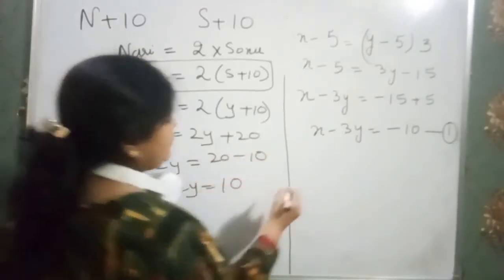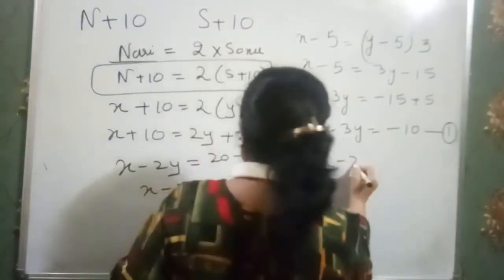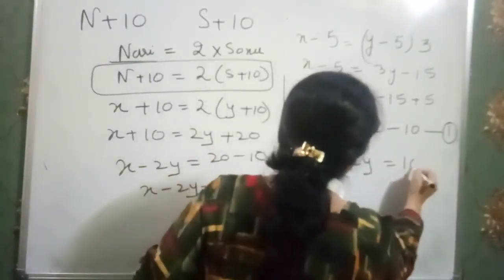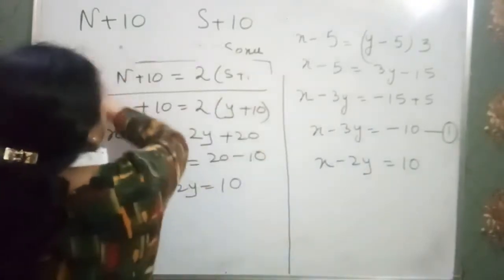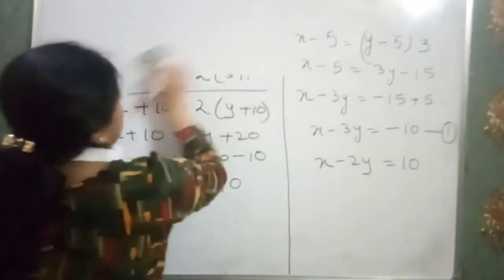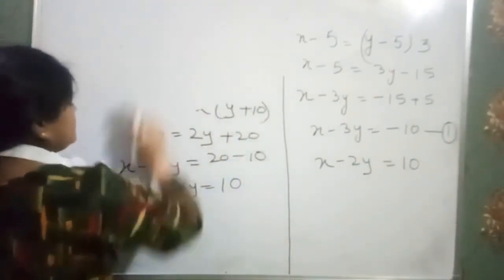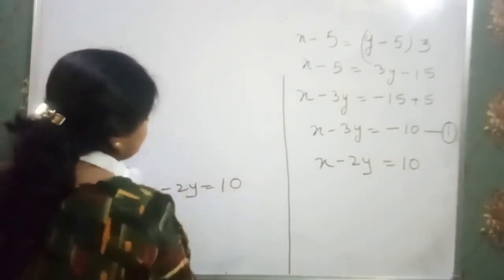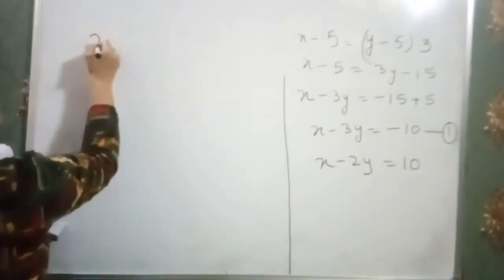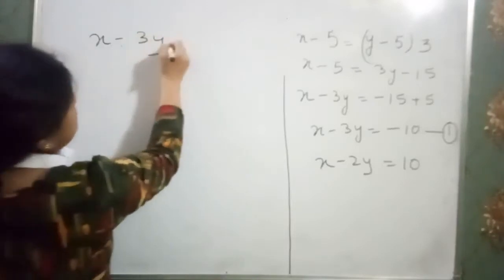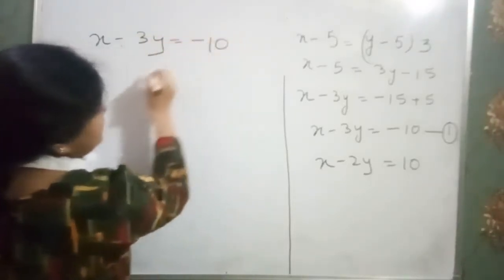So we have two equations: x minus 3y is equal to minus 10 and x minus 2y is equal to 10. Now you can solve these two equations by either method, and I think you can do it. Just do it as fast as you can.